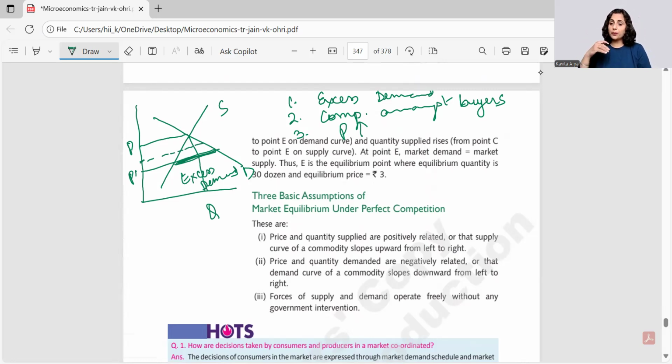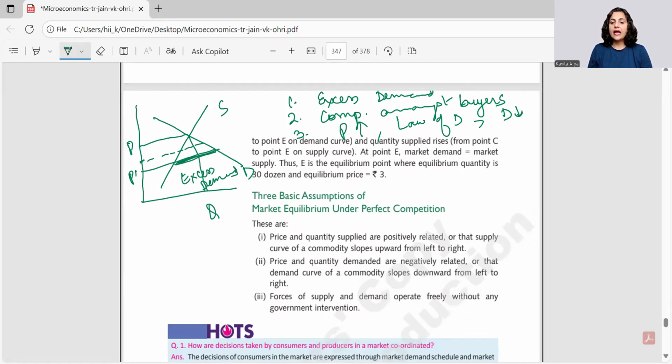So it means with pushing up of the price, as per the law of demand, the demand contracts, and as per the law of supply, with the rise in price, the supply would expand. So this expansion and contraction would be shown by these small arrow signs that supply is expanding.